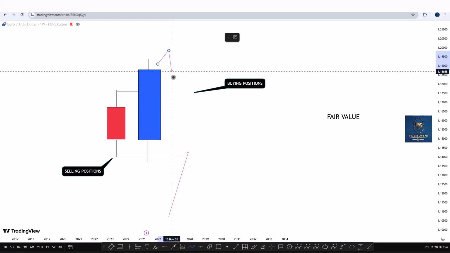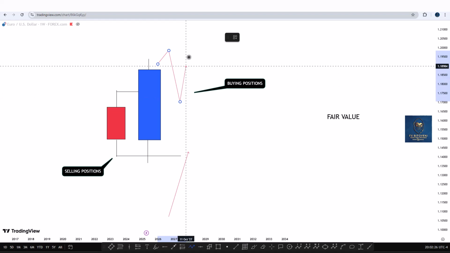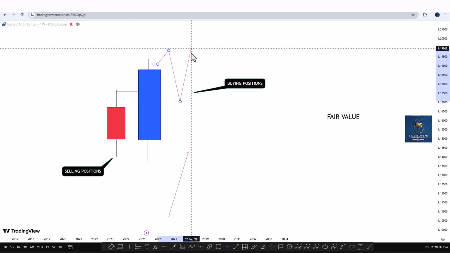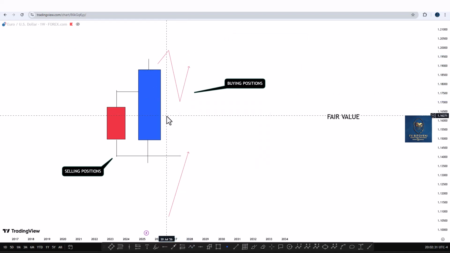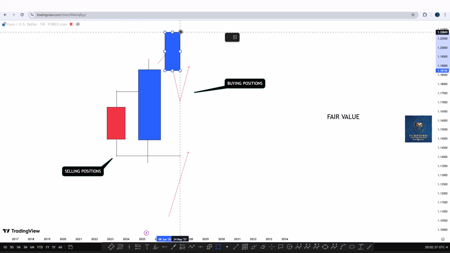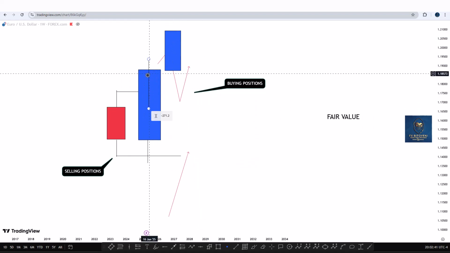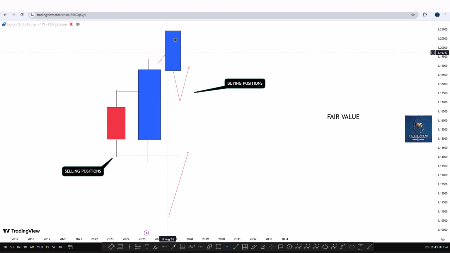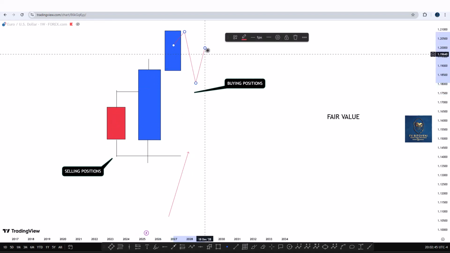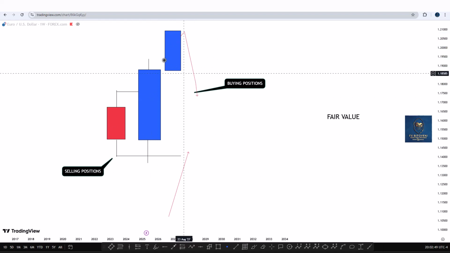The market will try to find ways to come back here, to seek balance before any further move can happen. It may be one candle, it may be 3 candles here. The concept is still the same. As long as buying pressure is higher than selling pressure, we want to find ways to come back.